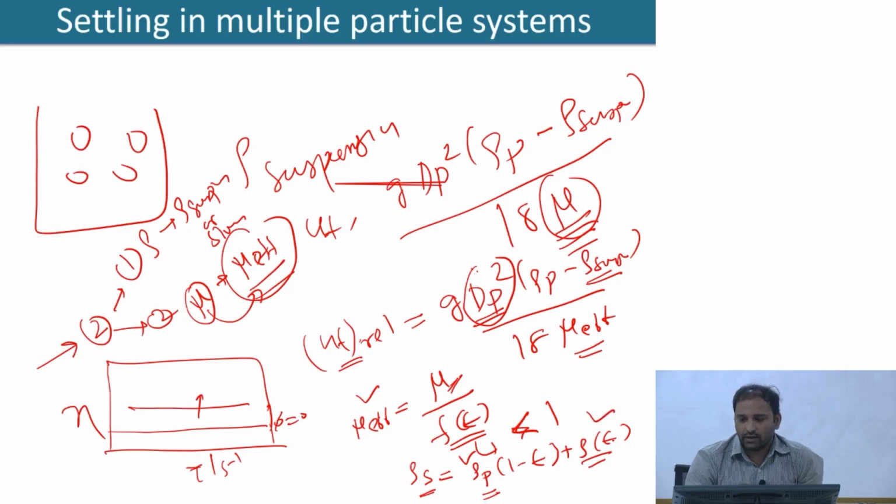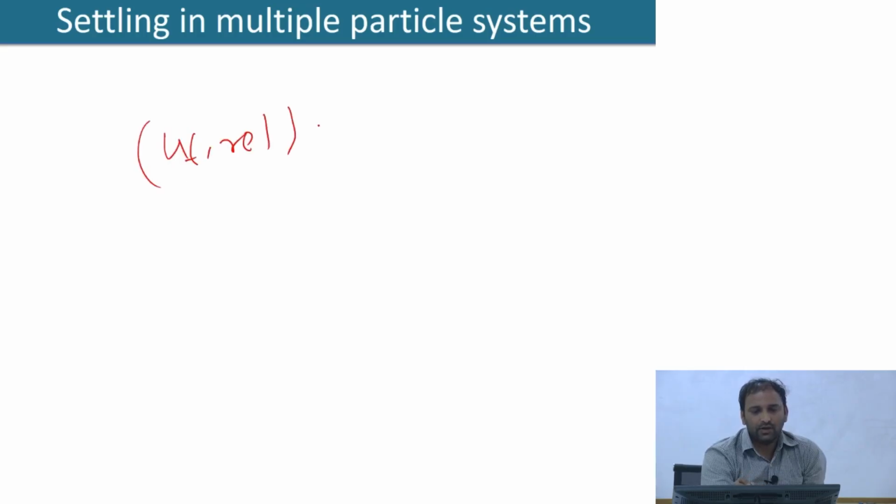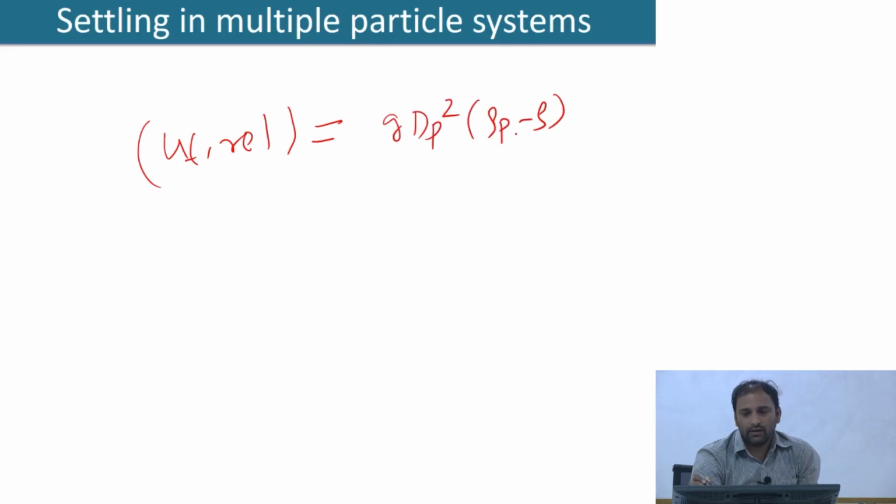So if I substitute these into this equation, it turns out that your ut relative would go as g dp square into rho p minus rho, where I had rho of suspension, divided by 18. Your mu effective becomes f of epsilon here.